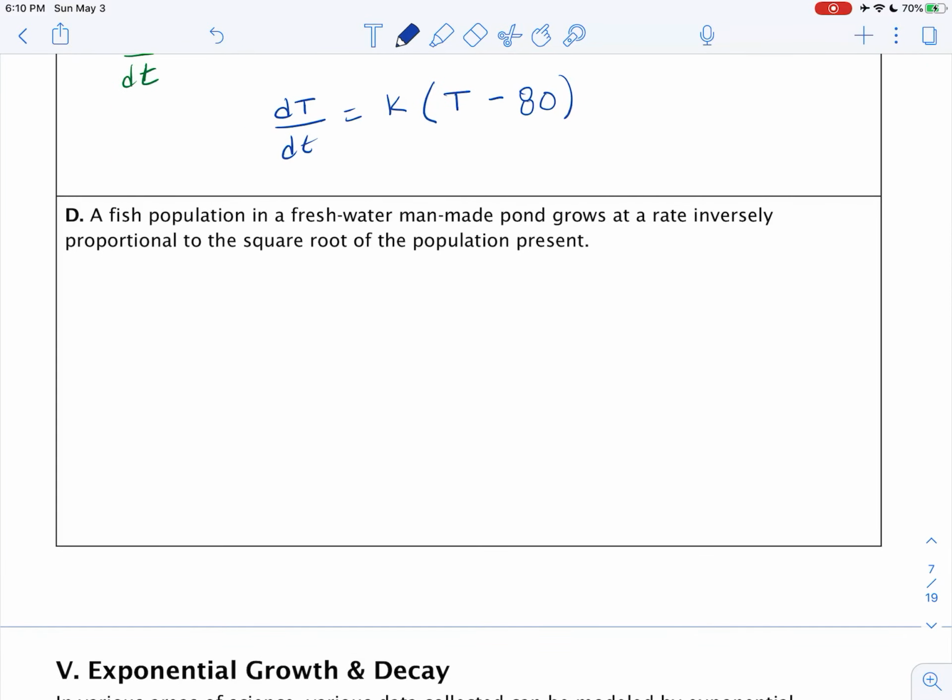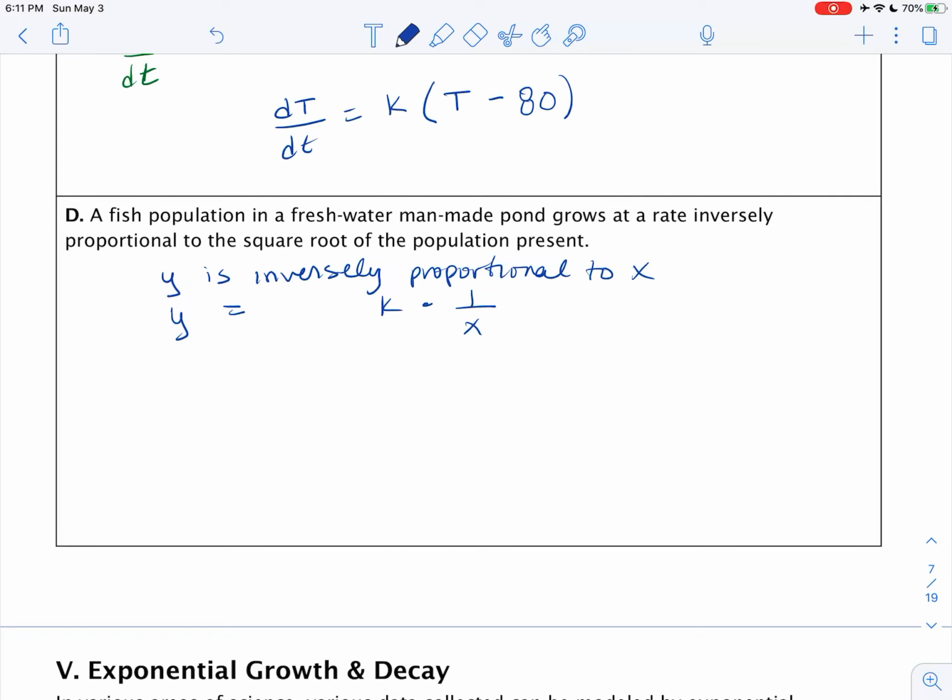All right. A fish population in a freshwater man-made pond grows at a rate inversely proportional to the square root of the population present. So if you say y is inversely proportional to x, that translates to y is equal to k, but the inverse makes you want to take the reciprocal of x.